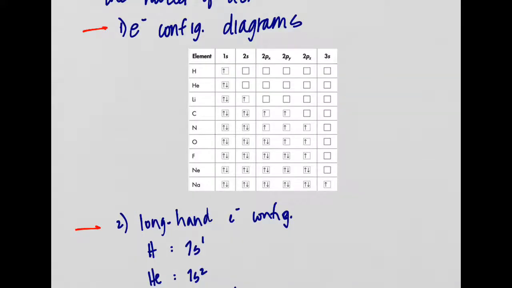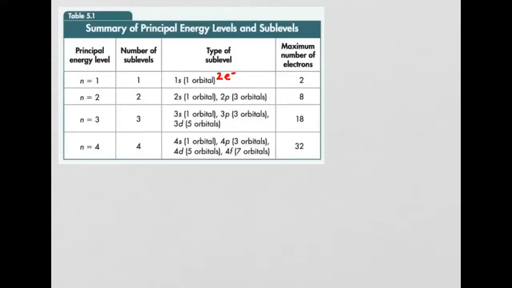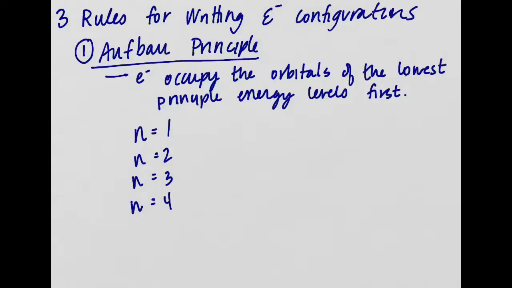Based on this table that we looked at, remember that in our first principal energy level, n equals 1, we have one sublevel, and that is an s orbital, or sublevel, we'll say.